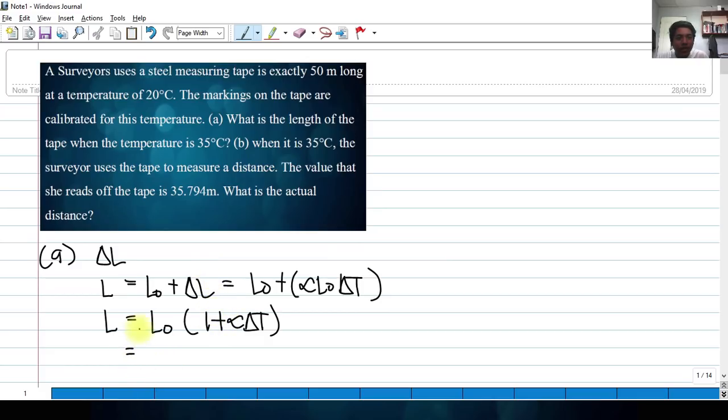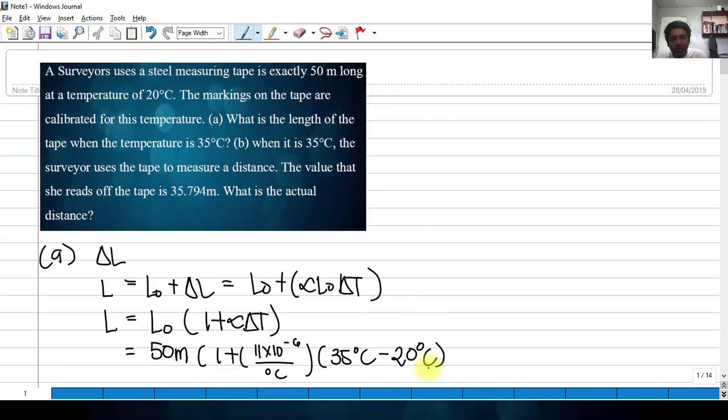So again, the initial length is given, that is 50 meters, times 1 plus the coefficient of linear expansion for steel, which is given: 11 times 10 raised to negative 6 per degree Celsius, multiplied by the final temperature, 35 degrees Celsius, minus the initial temperature, 20 degrees Celsius.